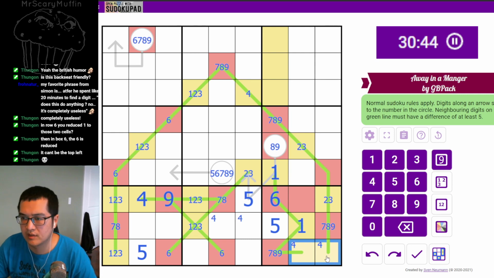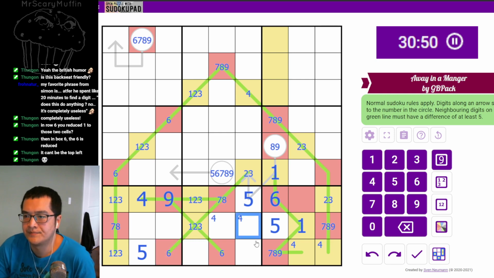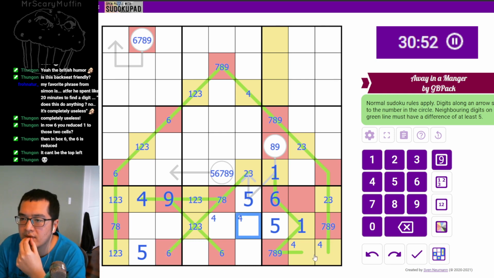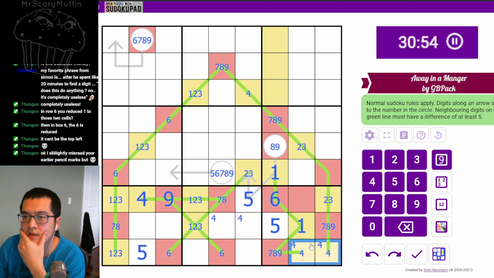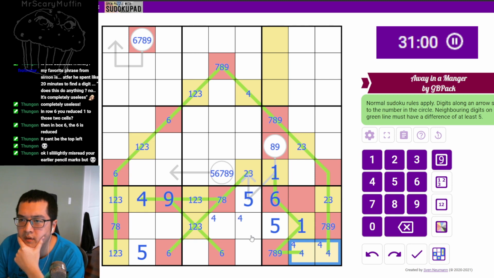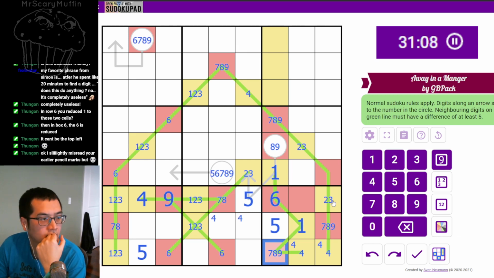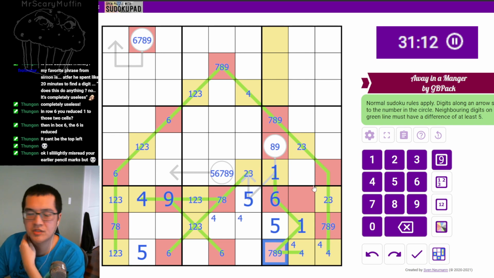I should get rid of some of these markings. No, actually, I kind of like marking where those numbers can be still. I think that's important. Yeah, no, I mean, the logic still stands.